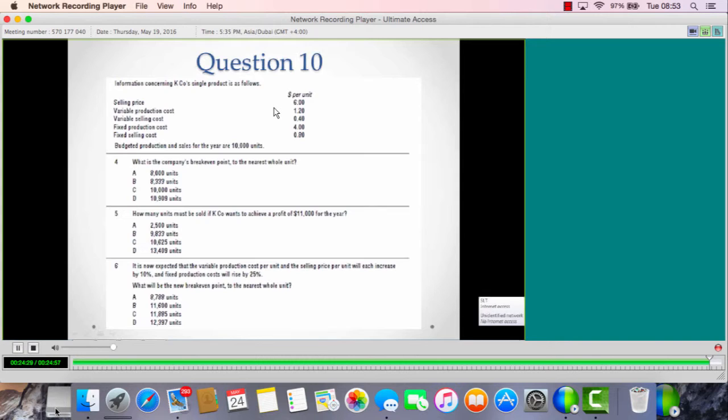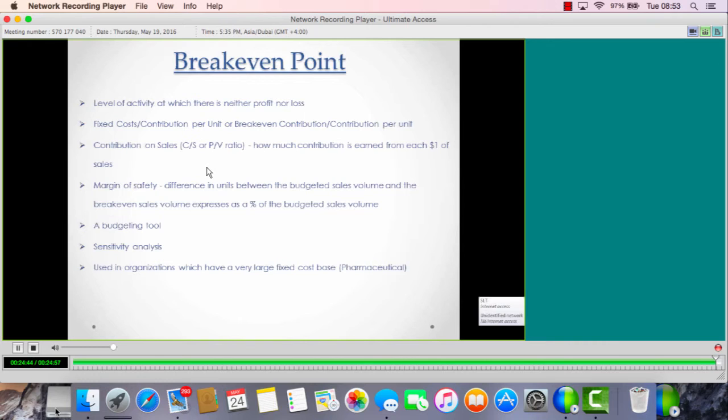That's sales minus variable, right? Yeah, right. Now let me go back to the previous slide. How do you calculate the break-even point in units? The break-even contribution. No, look at the second point.